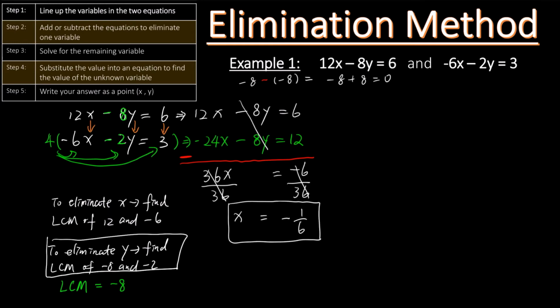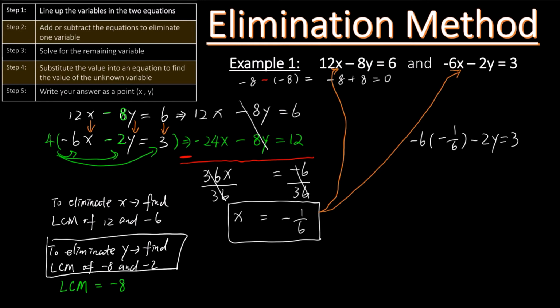Step 4. Substitute the value into an equation to find the value of the unknown variable. That means we can substitute x equals negative 1/6 into our original equations. You can pick either one. I choose the second one because it has a smaller coefficient. So I can write negative 6 times negative 1/6 minus 2y equals 3.